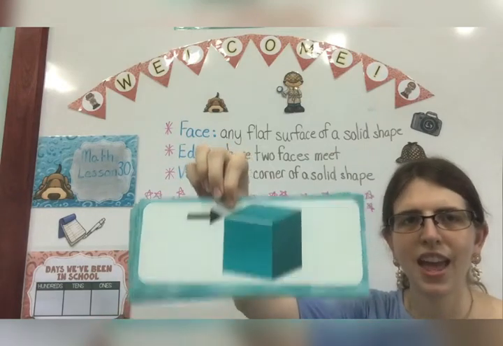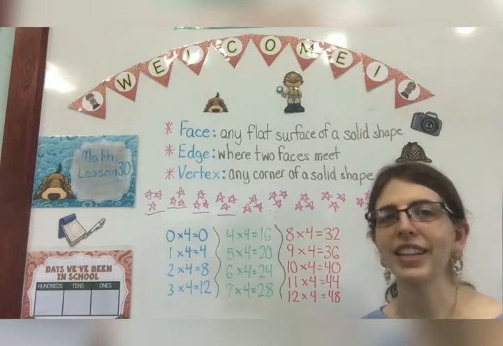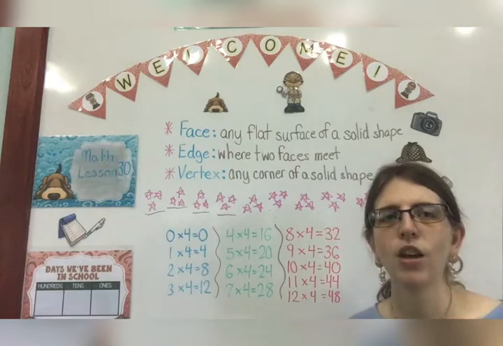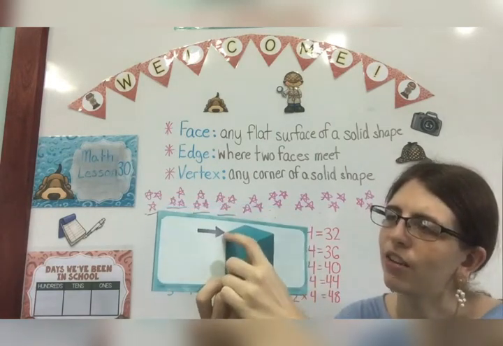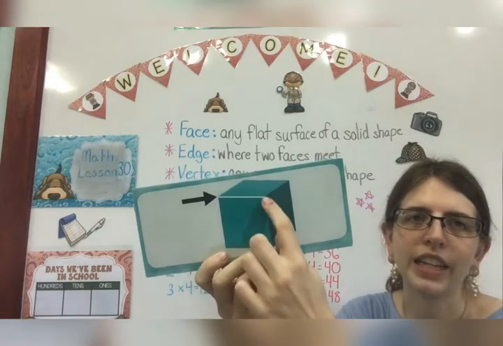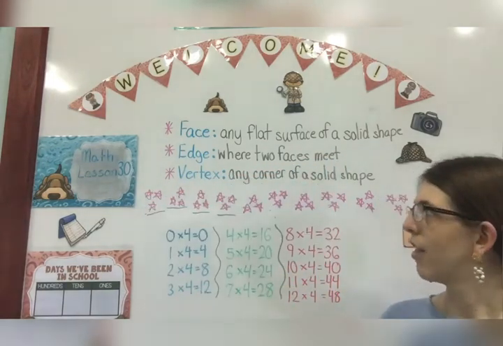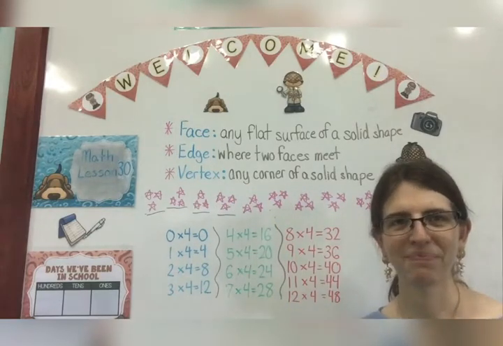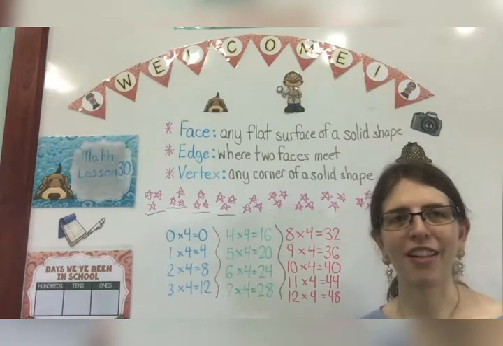Now, just like with a flat shape, these solids have vertices as well. They have a vertex. So that would be the corner right there. Each corner is the vertex. The vertex is any corner of a solid shape. That is your vertex.